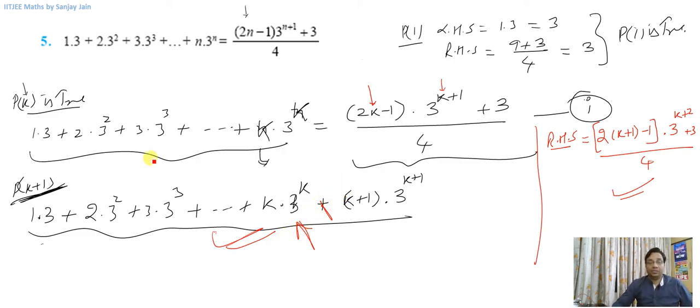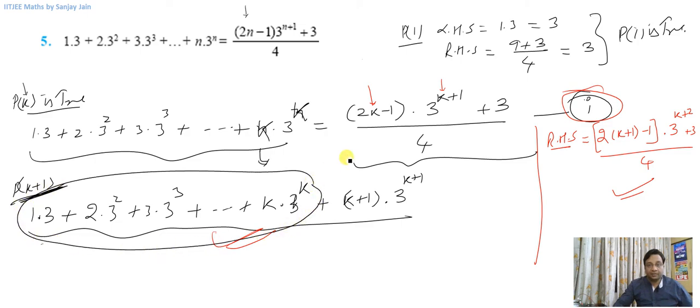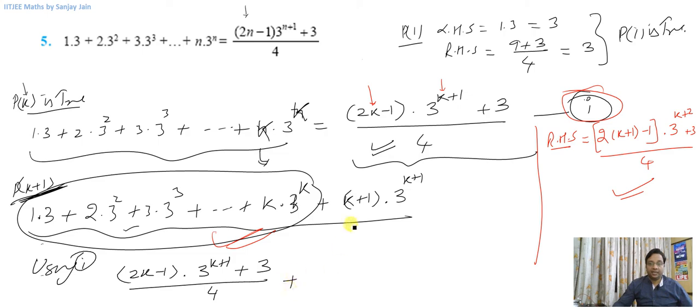And what I am going to use is this first equation. So let me just replace this by this, right? So using 1, I can replace this by 2k minus 1 into 3 raised to power k plus 1 plus 3 divided by 4, and then I'll add this here, that is k plus 1 into 3 raised to power k plus 1.